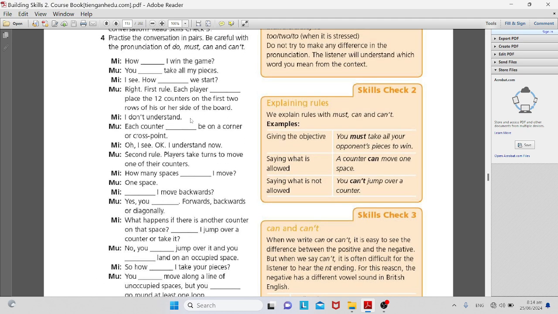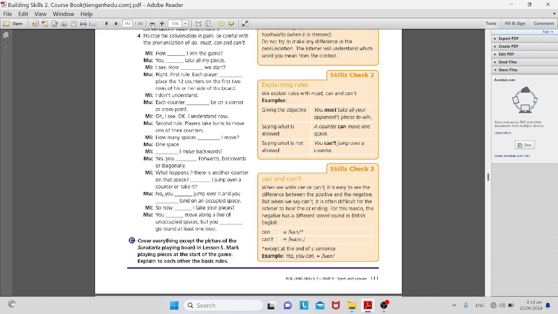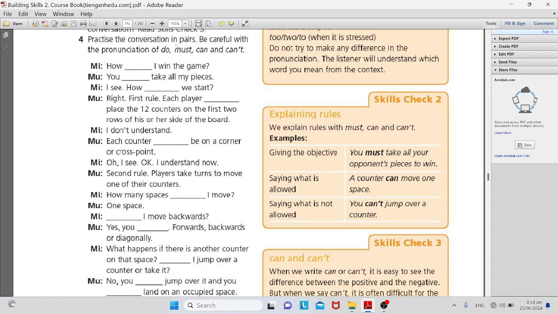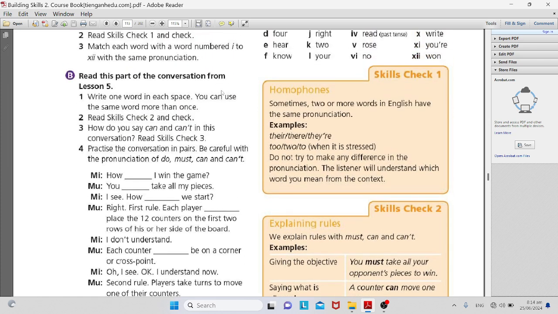Anyhow, you can check in your book. And we have questions here. Write one word in each space. You can use the same word more than once. Read skills check 2 and check.